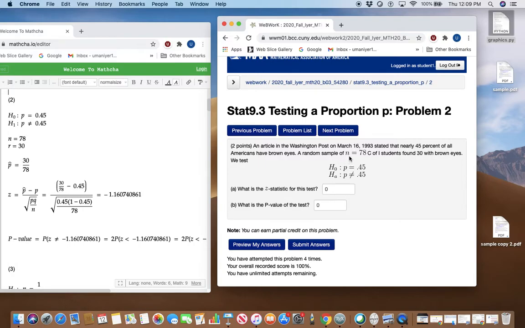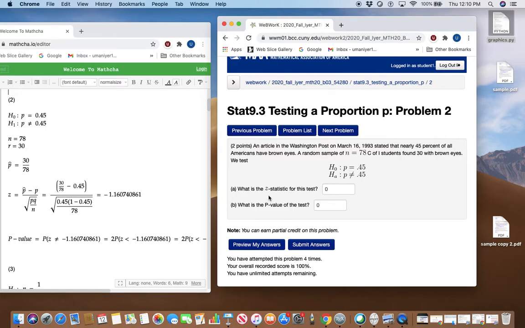A random sample of 78 college students found 30 with brown eyes. That is, out of 78 students, 30 had brown eyes. So the proportion in your sample, that is p hat, is 30 over 78. The sample size is 78.